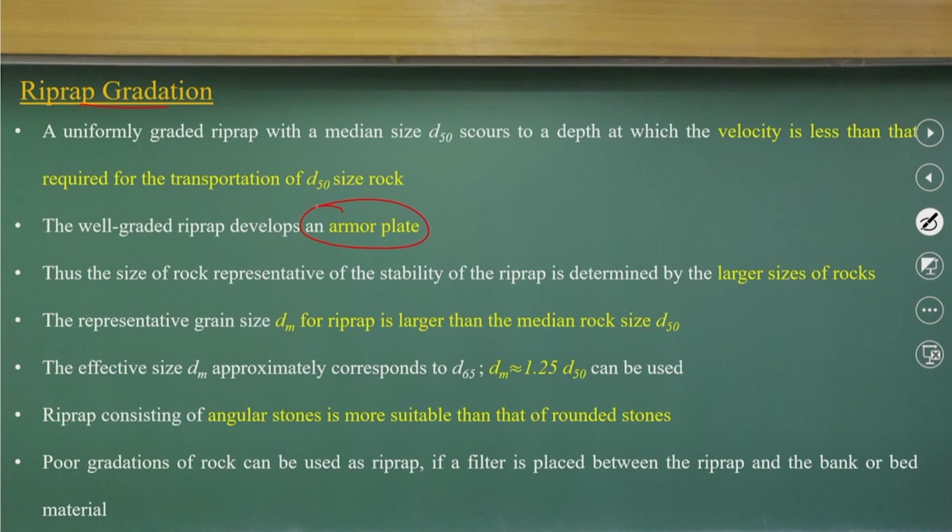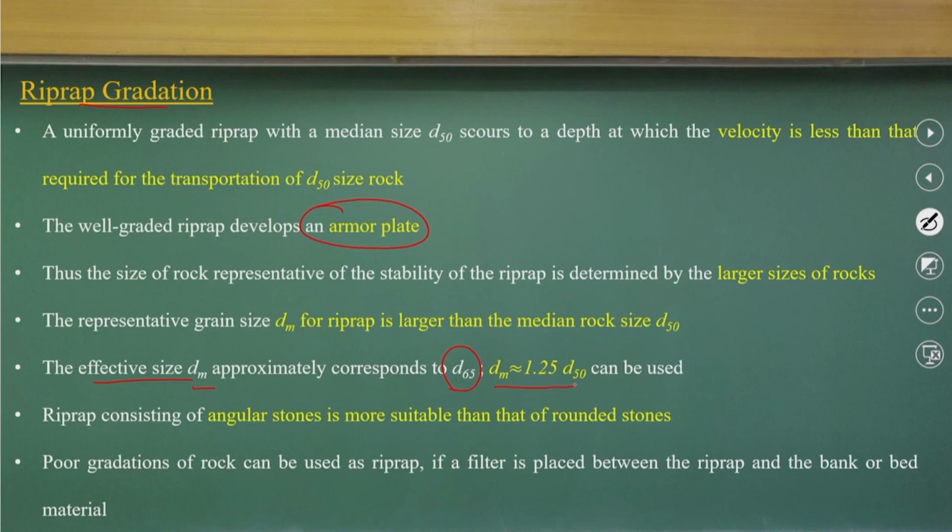That is the reason we should have gradations and should not have the same size. The effective size is D65, which will be 1.25 times D50.